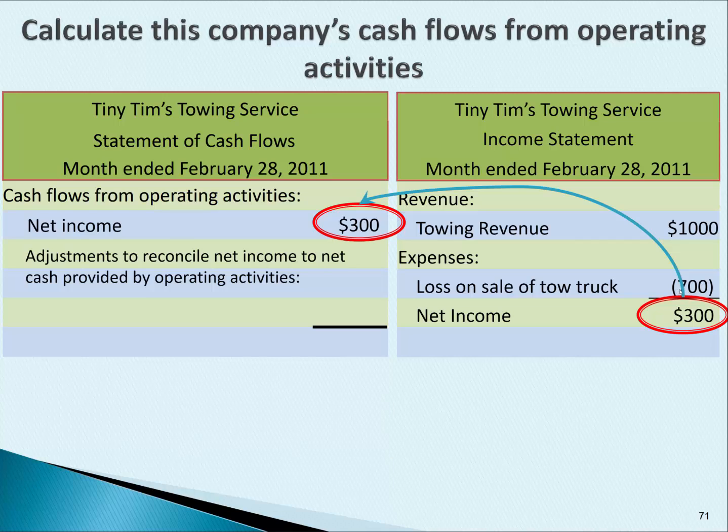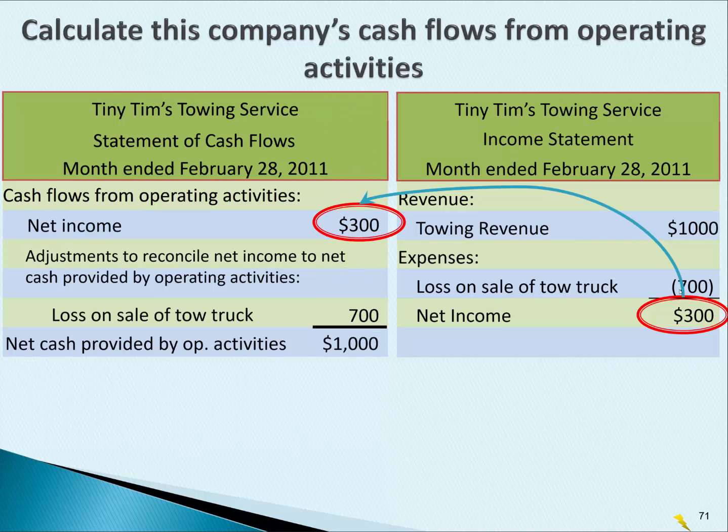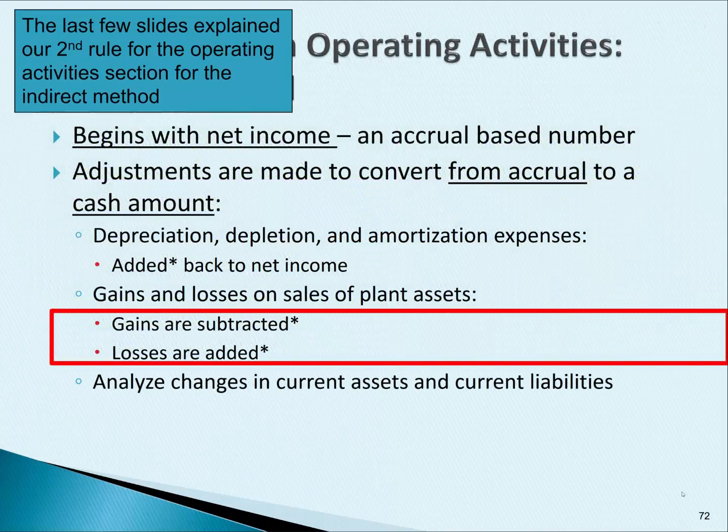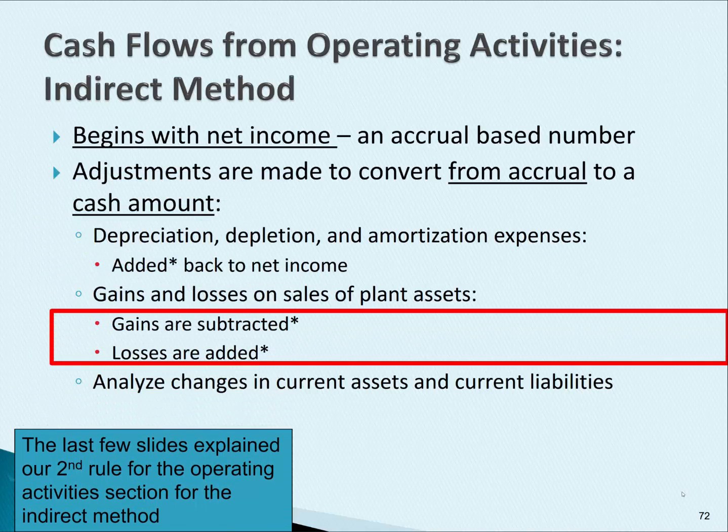Well, remember, the loss subtracted from our revenue, so we have to add it back in. So their net cash provided by operating activities for Tiny Tim's towing service is $1,000. So that is the explanation for why gains are subtracted and losses are added in the operating section.